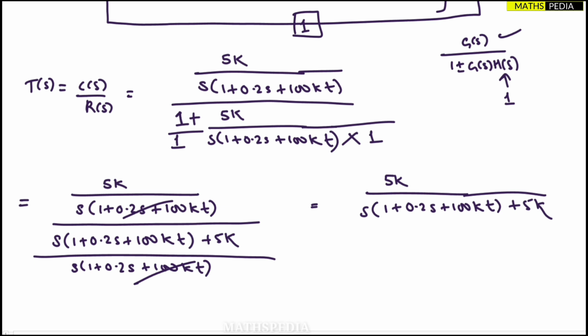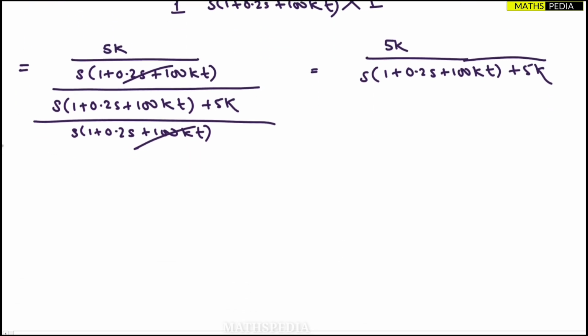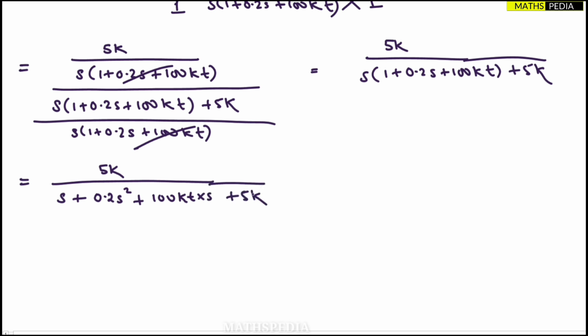Can I open the bracket? Right, you can open the bracket also. So let us open the bracket. It will be 5k divided by s into 1 is s, plus s into 0.2 is 0.2 s square, plus 100 kt into s, plus 5k outside the bracket.